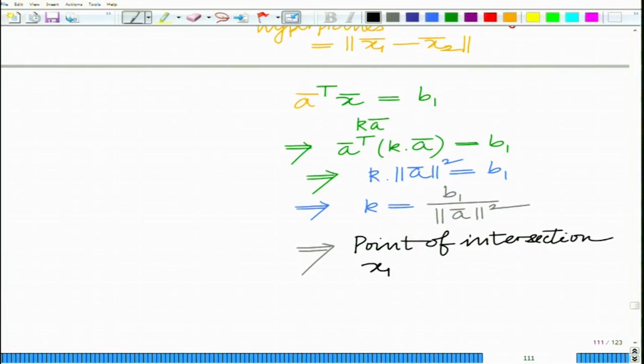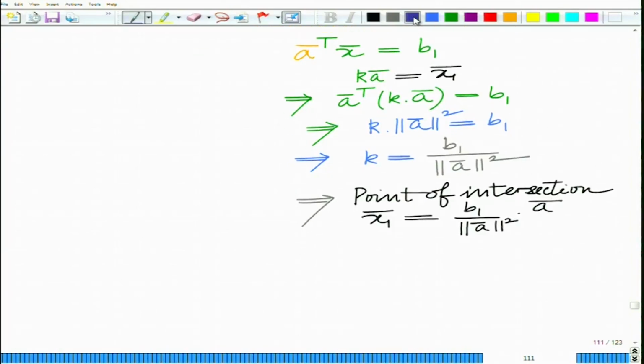The point of intersection x1 bar is k times A bar, which is B1 divided by norm A bar squared times A bar. This is the point of intersection of the normal vector A bar with the first hyperplane.